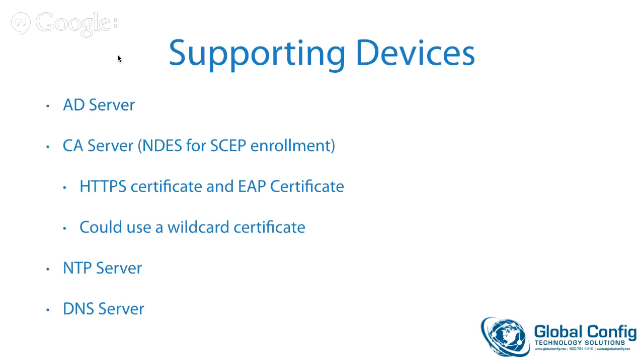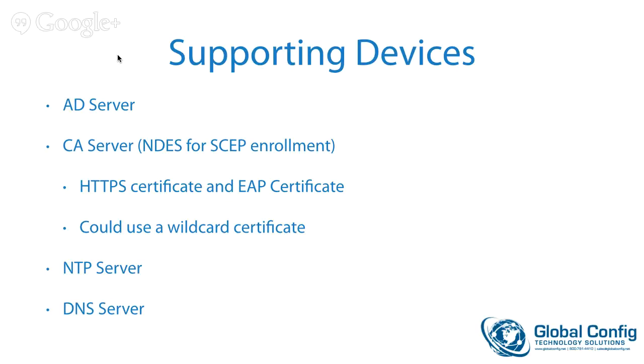Now, the next thing that we see on this list here is the CA server. You're going to need to have a CA server configured if you want to do any type of EAP authentication that is certificate-based. You're going to need a CA server if you're going to do any BYOD, if you decided that you're going to support that in your environment.